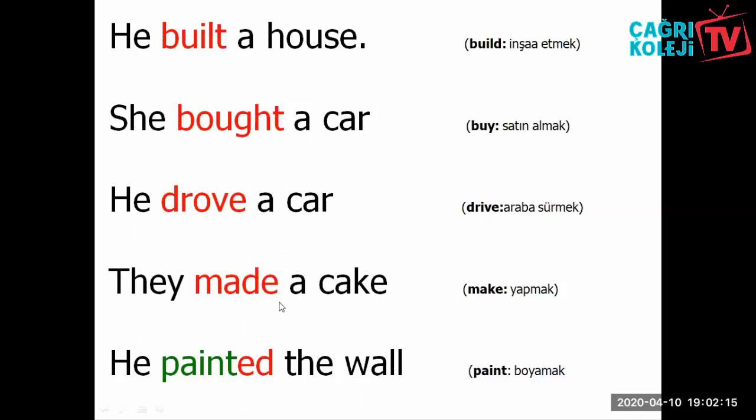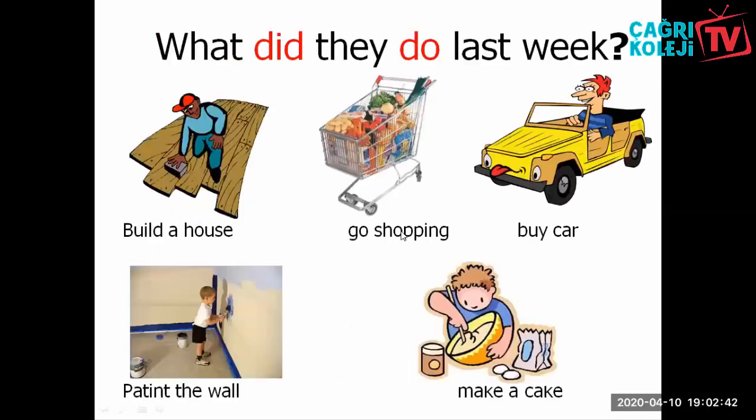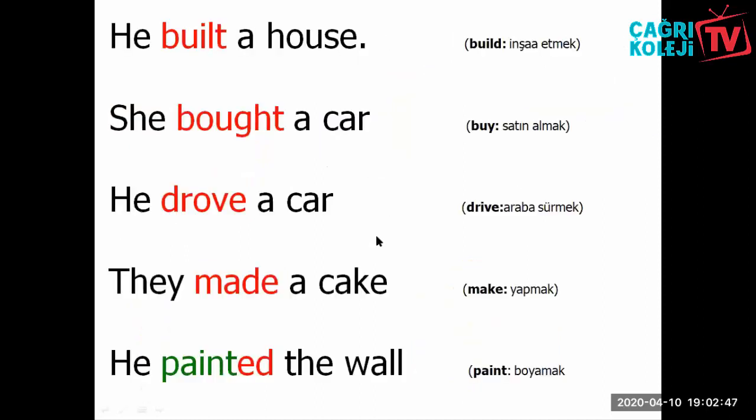Make changes into made. Paint here is a regular verb. We just add ed. He painted the wall. He built a house. She bought a car. He drove a car. They made a cake. He painted the wall. She went shopping.